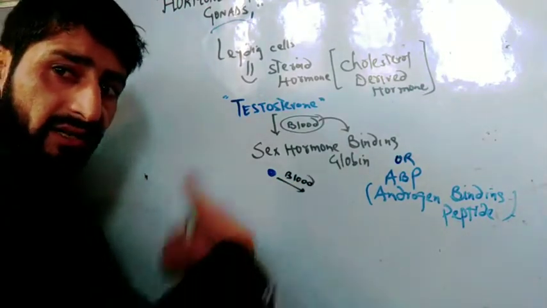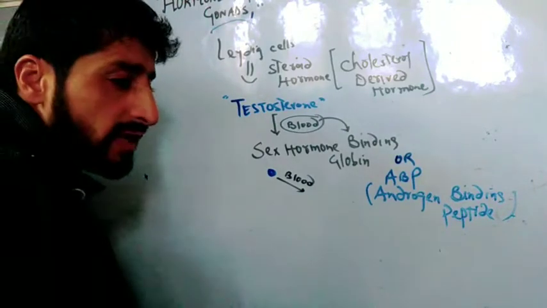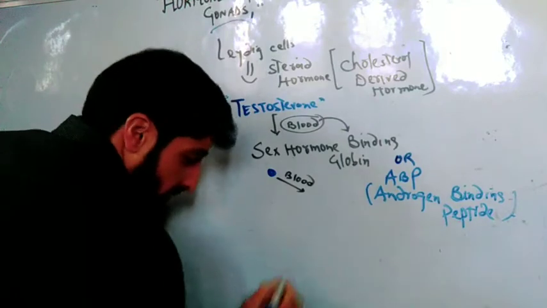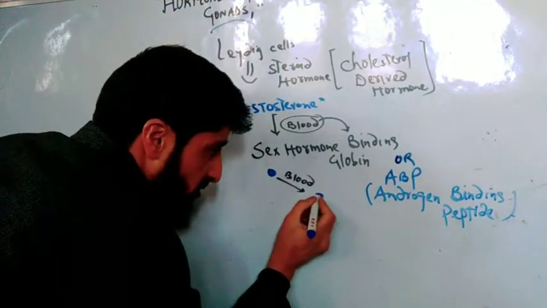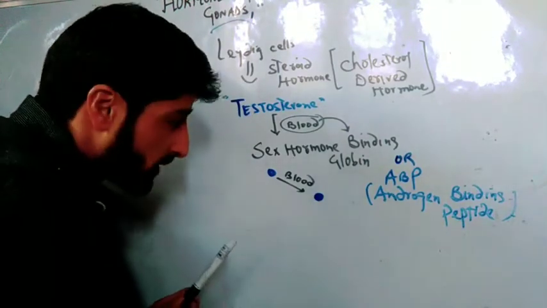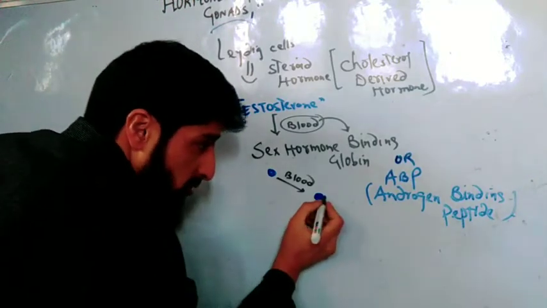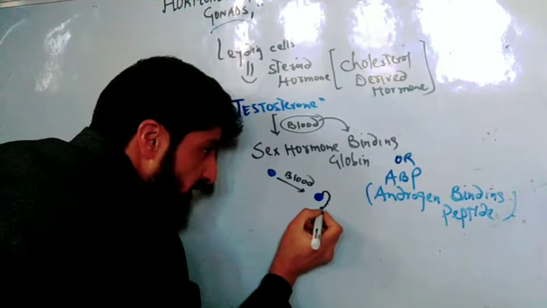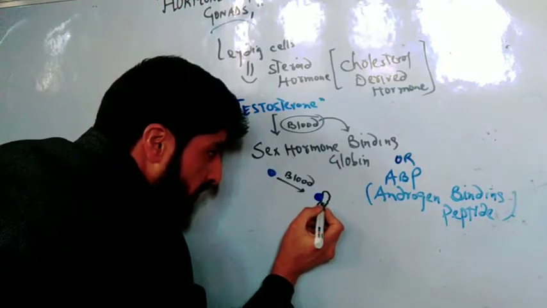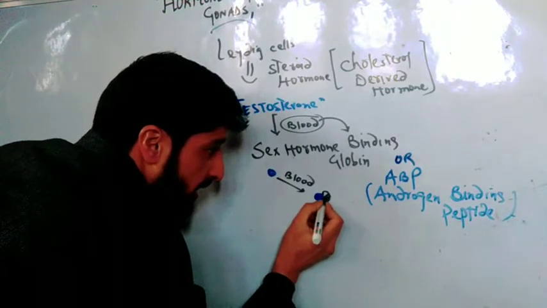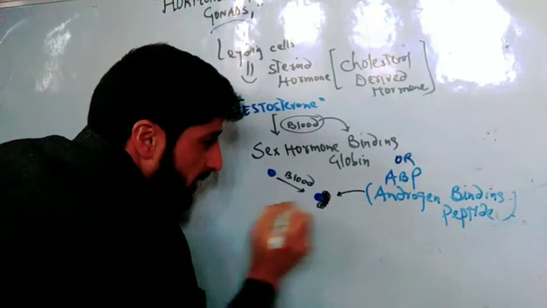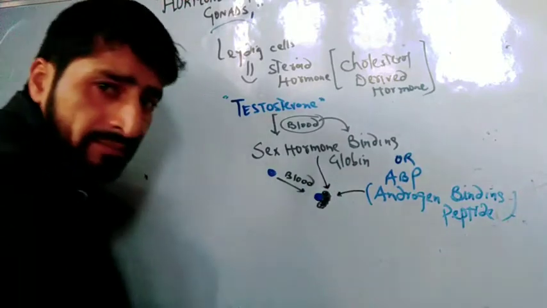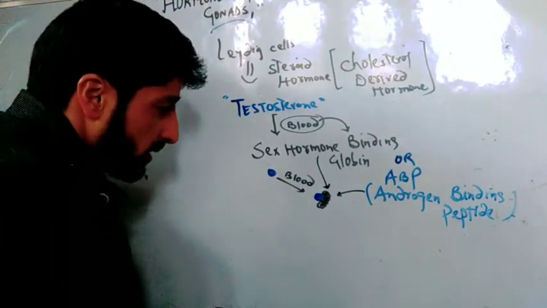Blood will act as the transportation agent. But in the blood, along with this testosterone hormone, there is a special protein. That special protein is known as ABP, androgen binding protein, or sex hormone binding globulin.